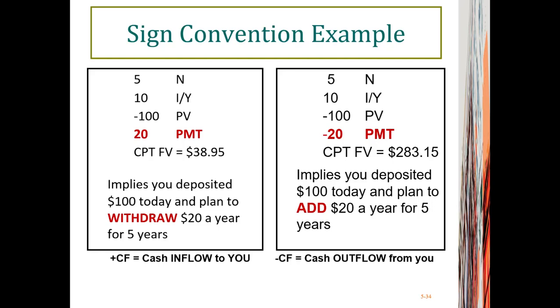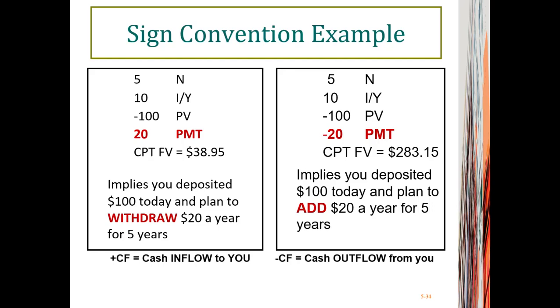Let's say we have an annuity problem where you deposit 100 and plan to withdraw $20 a year for 5 years, and it asks you what is the future value of that. Here, number of time periods is 5, and the interest rate is assumed at 10%.